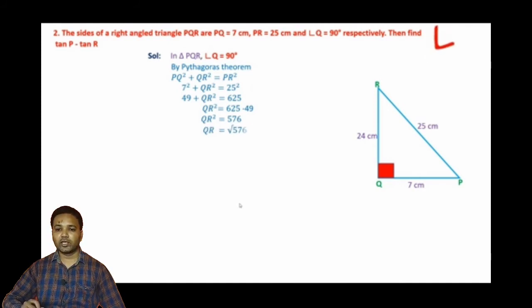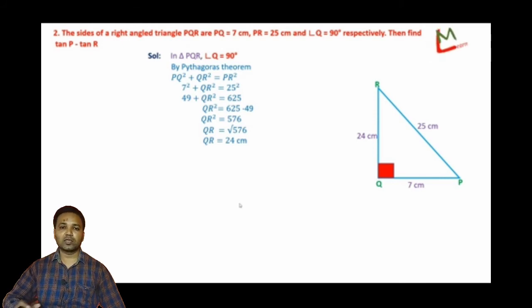Therefore we get QR square equals 625 minus 49. Therefore QR square equals 576. Then to find QR, I am just going to apply the square root of 576. So what is QR? Square root of 576, which is QR equals 24 centimeter.